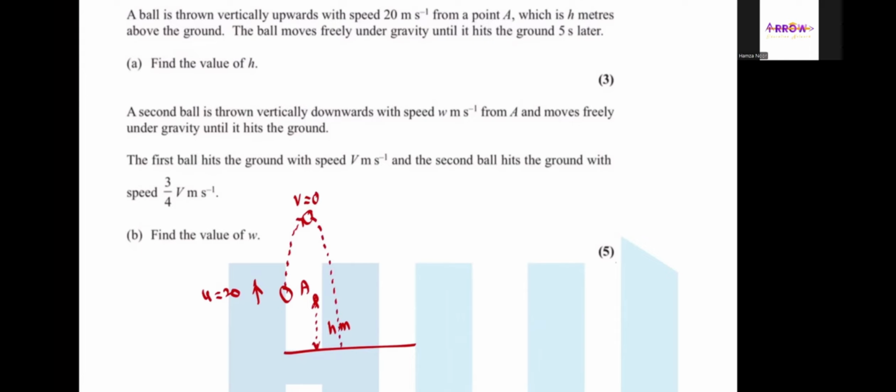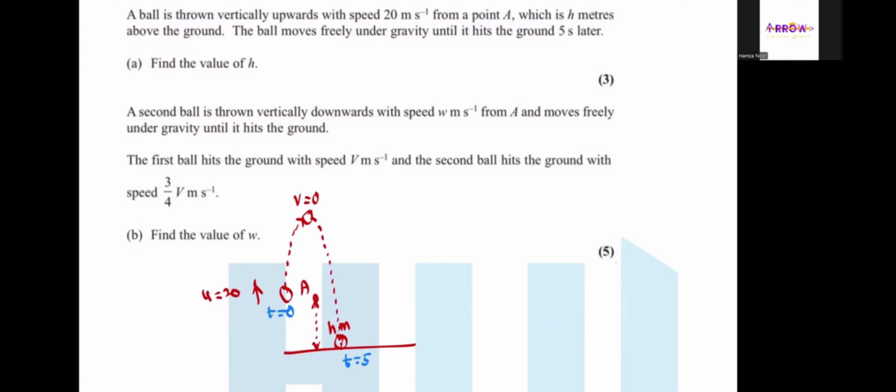It will come downwards, and it will hit the ground when t is equal to 5 seconds. Our journey starts when t is equal to 0, and at t equal to 5 the ball hits the ground.